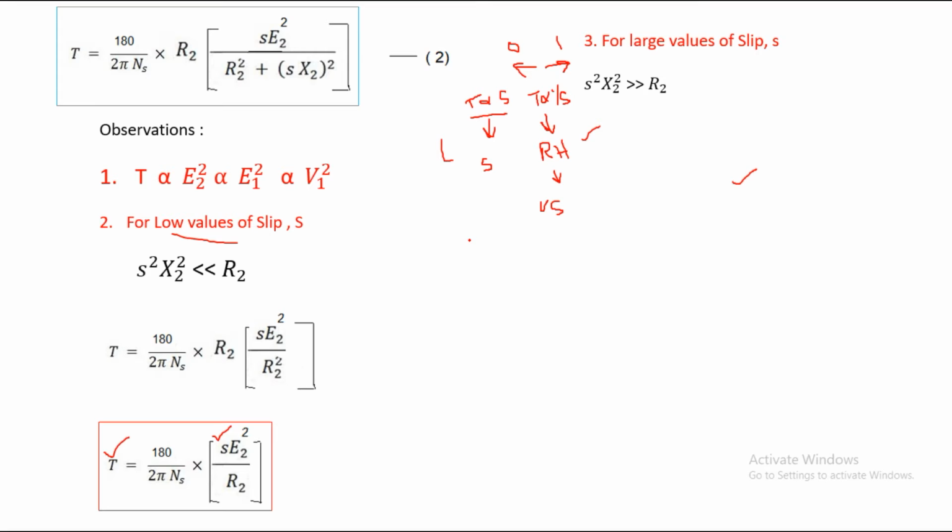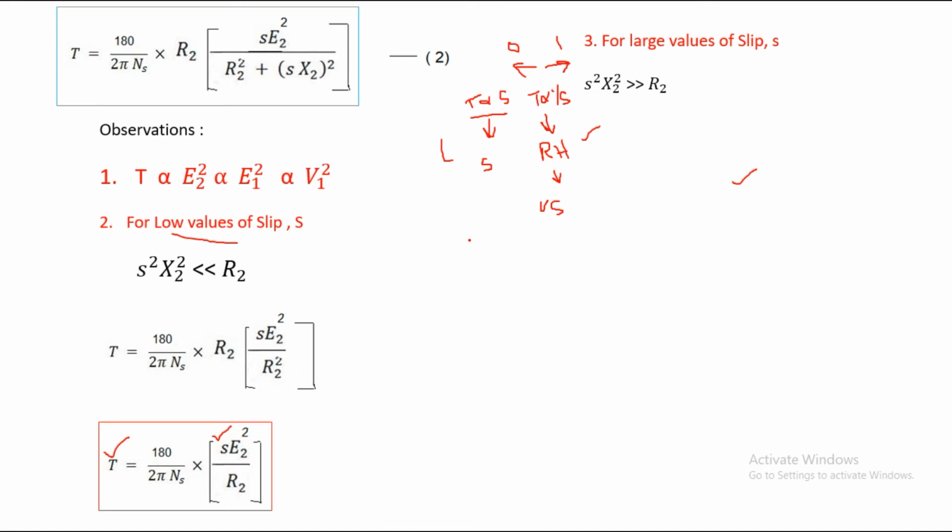In the opposite case, for large values of slip, torque is inversely proportional to slip, which gives a rectangular hyperbolic behavior, so we call that region the unstable region. This is for motoring operation, whereas for generating operation we have the opposite.